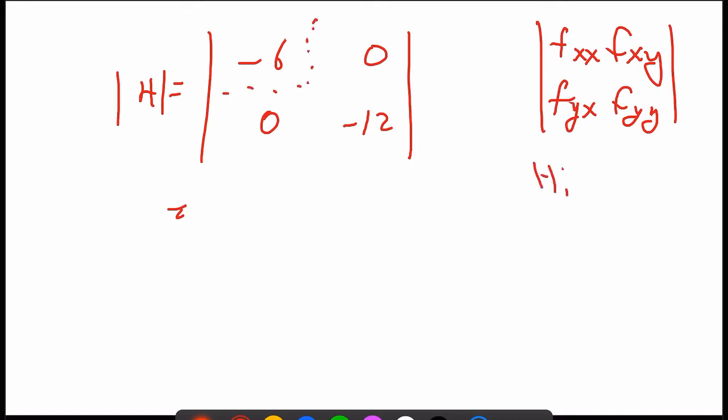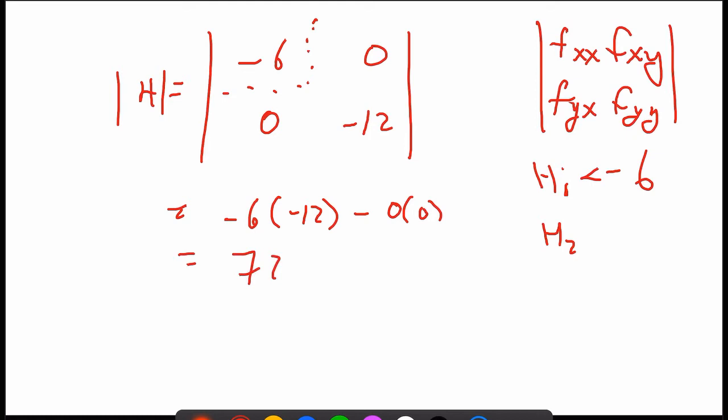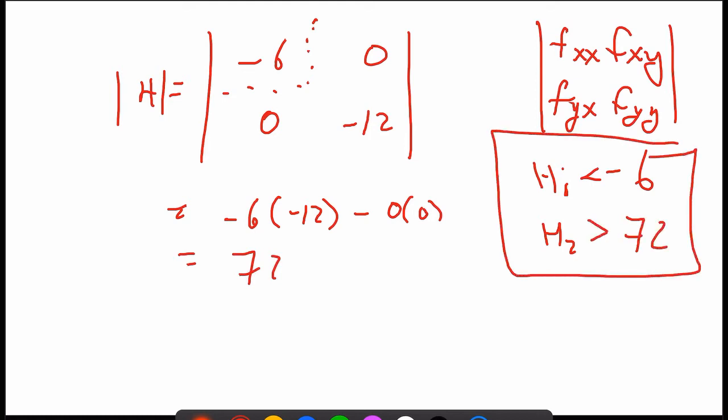So h1 is minus 6. Okay? And h2 is minus 6 times minus 12 minus 0 times 0 is 72. So h2 is positive. I look at those two together, and what have I done? This is a maximum.